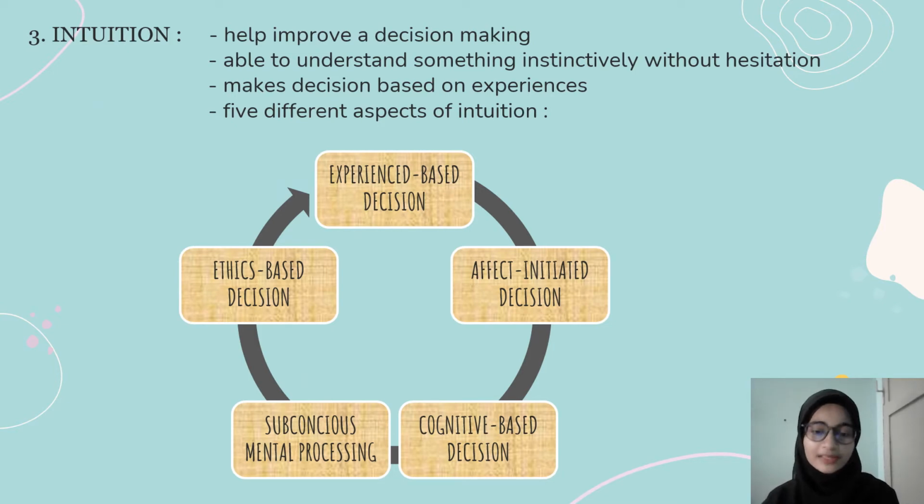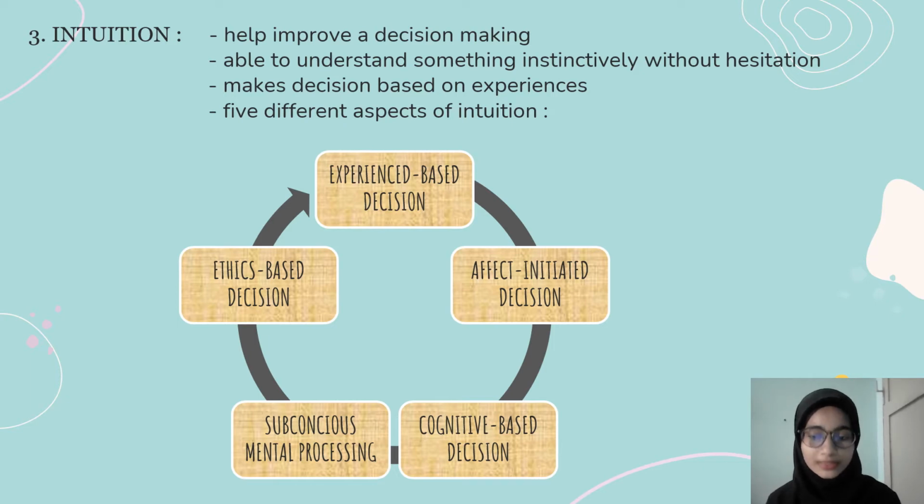Moving on to the last element, that is intuition. Other than rationality and bounded, intuition also exists in order to help improve decision making. Intuition is stated as the ability to understand something instinctively without the need for conscious reasoning.